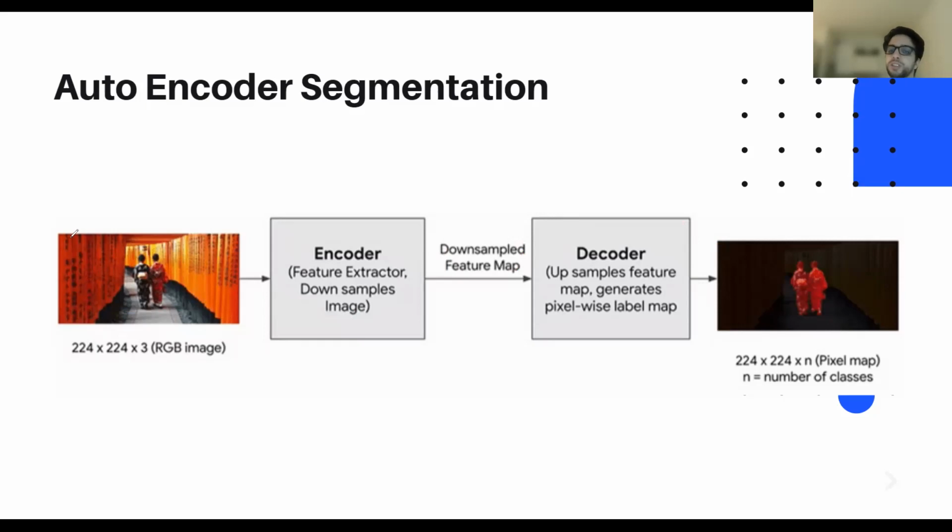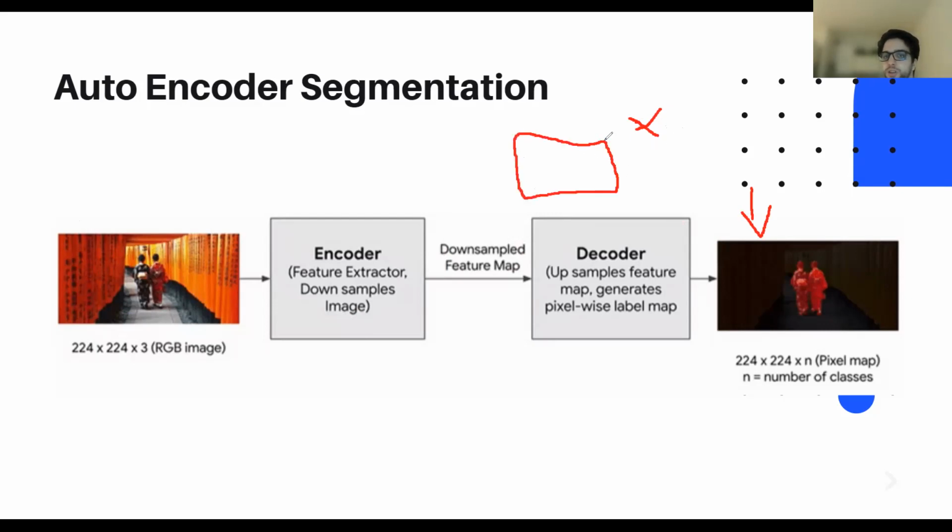Now, a simple question, and the answer is already on the slides: how many channels should be in the final layer? As we said, the semantic segmentation task allows us to differentiate between pixels of different classes, but not pixels of different objects of the same class. So how many channels should we have in the final image?